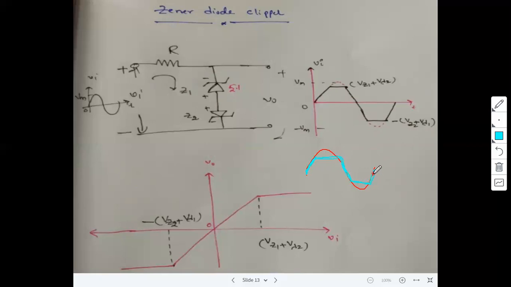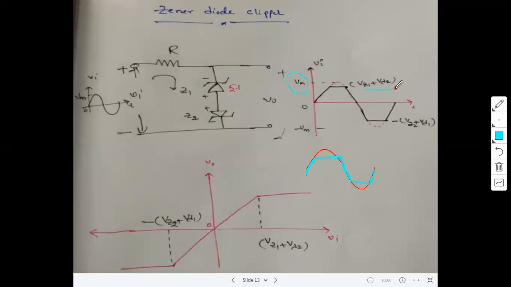Okay, the only condition here is you have to choose the input voltage amplitude Vm in such a way that Vm is always greater than Vz1 plus V gamma 2. Remember this one. That is an important condition.